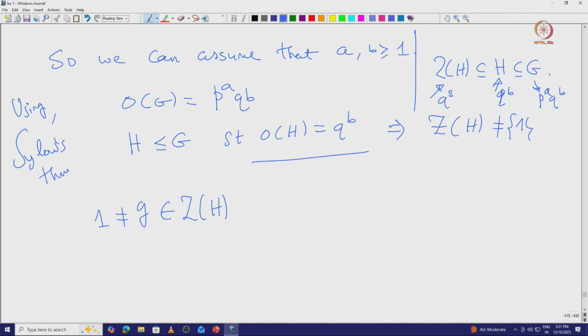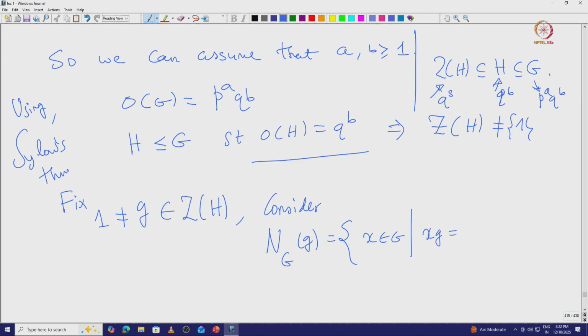Now we fix this and look at the normalizer. Consider the normalizer of this element g. This is going to be a subgroup inside G: those x in G such that x normalizes the one element g, so basically it is the centralizer.